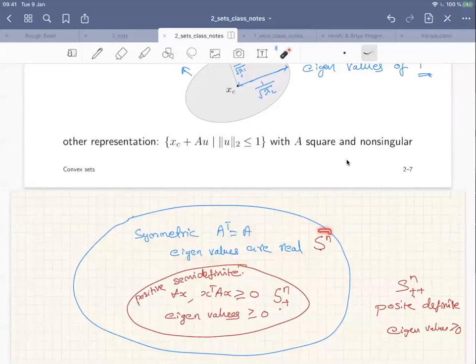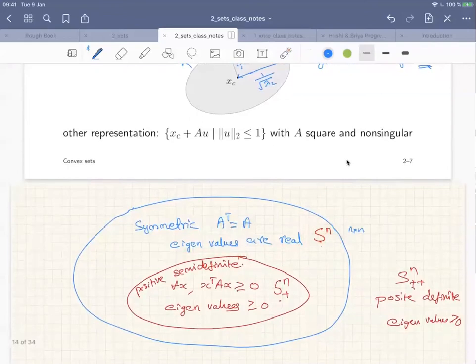We usually use the notation Sn for symmetric matrices of dimension n cross n. Of course, the matrix has to be a square matrix to qualify as a symmetric matrix.